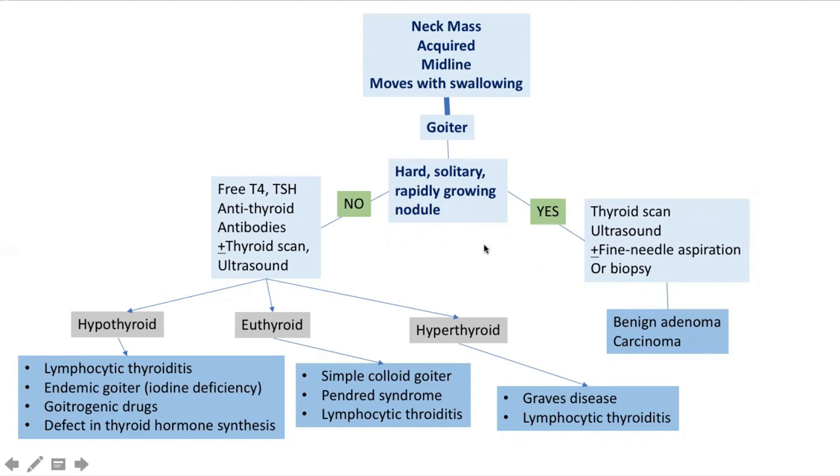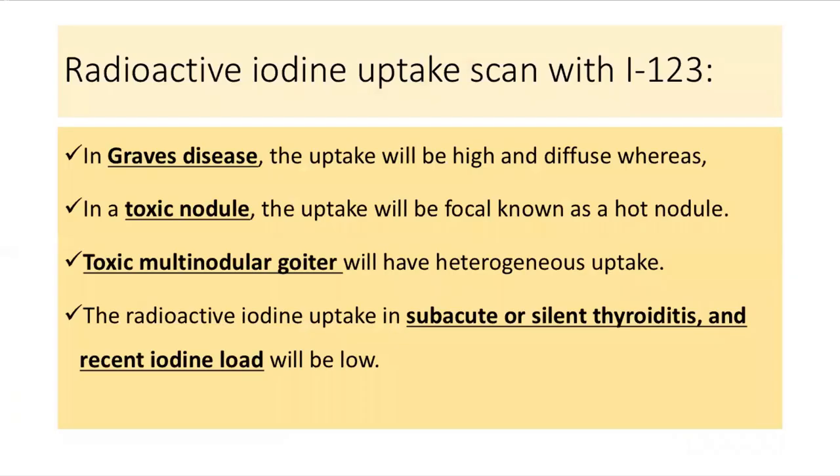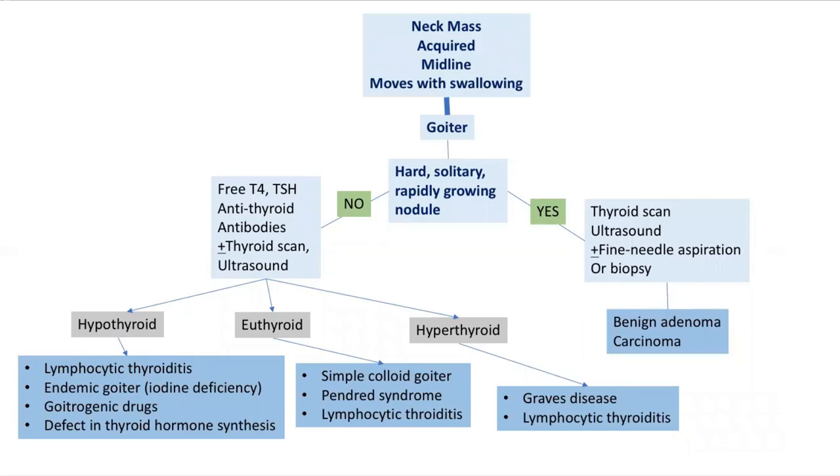If yes, then we should do a thyroid scan and an ultrasound, and we may or may not need to do a fine needle aspiration or biopsy in order to exclude or diagnose benign adenoma or carcinoma. If this is not a hard, solitary, rapidly growing nodule, we should do a free T4 and a TSH and anti-thyroid antibodies, plus or minus thyroid scan and ultrasound.